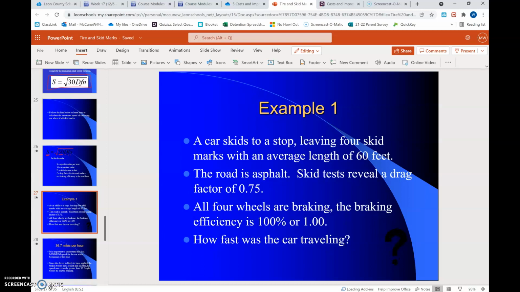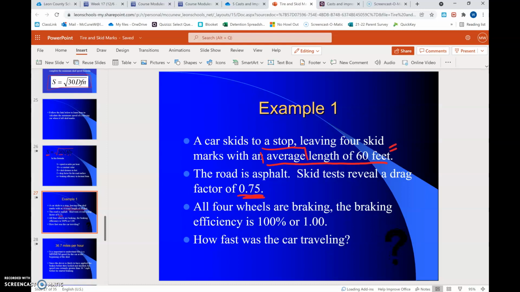So, we're always going to get a word problem for these. So a car skids to a stop, leaving 4 skid marks with an average length of 60 feet. It's important to recognize that this is an average, meaning that some are longer than 60 feet, some are shorter than 60 feet. But we're just going to use 60 feet as an average in this problem. It says the road is asphalt, and the skid test on that surface revealed a drag factor of 0.75.